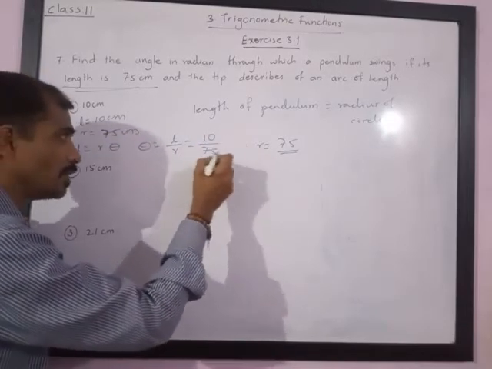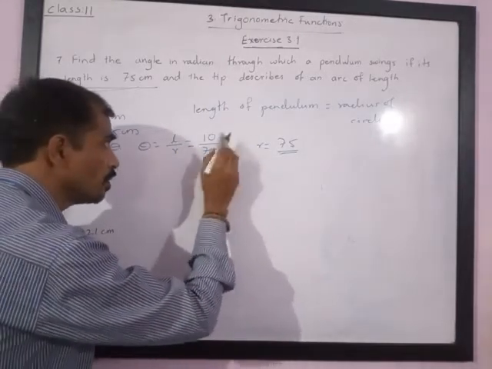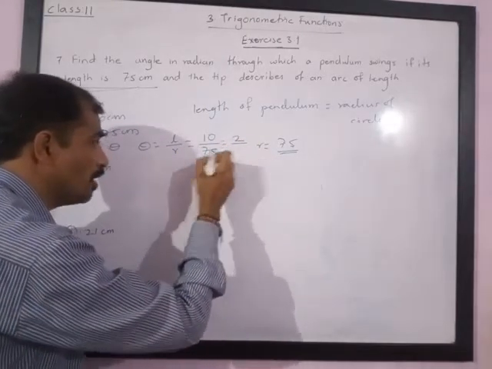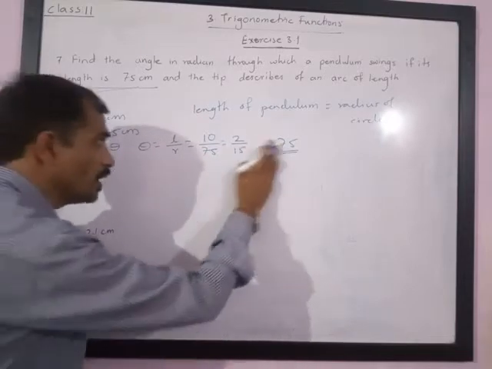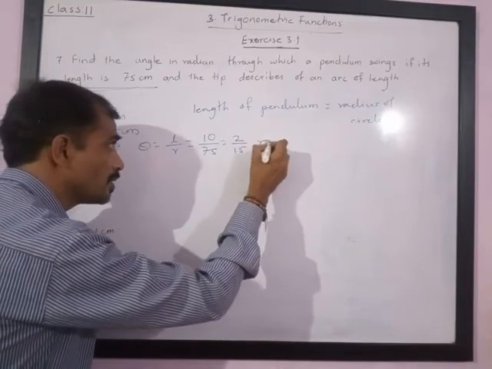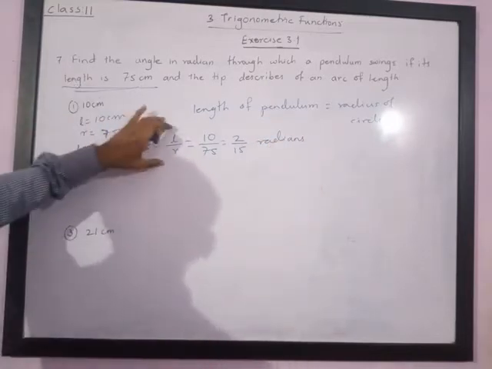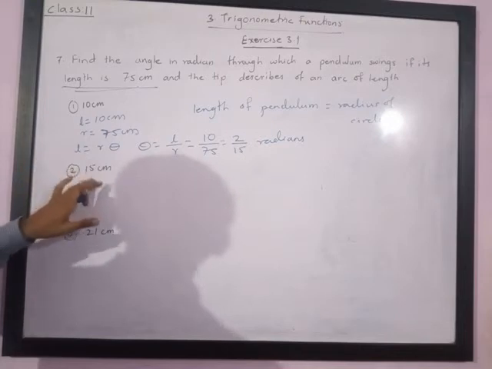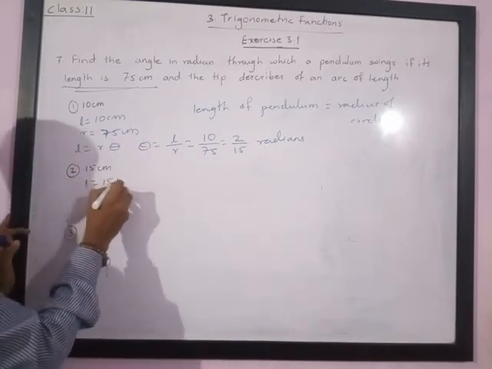Now this is reducible. If you reduce, 5 2s are 10 and 15 5s are 75. So 2 upon 15 radians. Now the same formula we can use for 15 centimeter. Here L is equal to 15 centimeter.